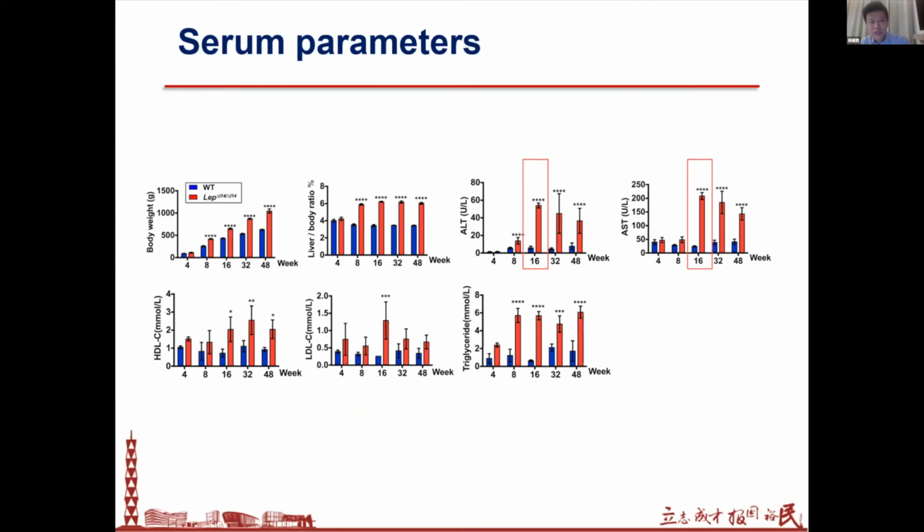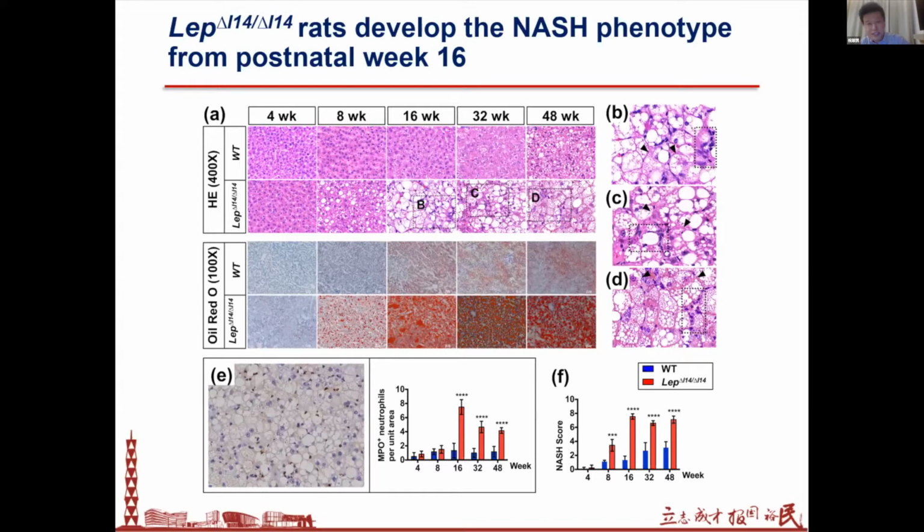Then we look closer by H&E staining and Oil Red O staining of the liver sections. On your right, you can see we highlighted that these mice really develop the NASH phenotypes such as steatosis, lymphocyte infiltration, and also ballooning.